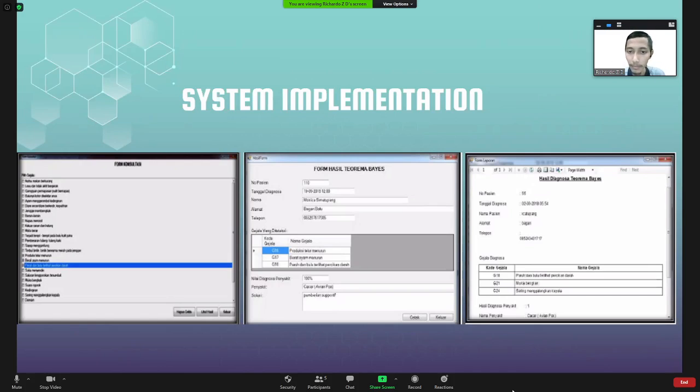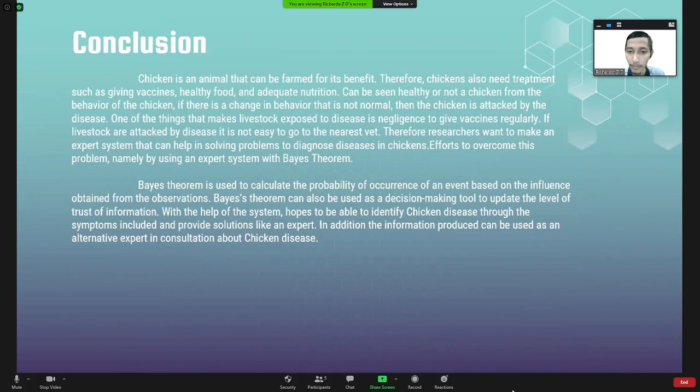Okay, please, Mr. Sharif. The conclusion is that the chicken is an animal that can be farmed for its benefit. Therefore, chickens also need treatment such as giving vaccines, healthy food, and adequate nutrition. Whether a chicken is healthy or not can be seen from its behavior. If there is a change in behavior that is not normal, then the chicken is attacked by a disease.